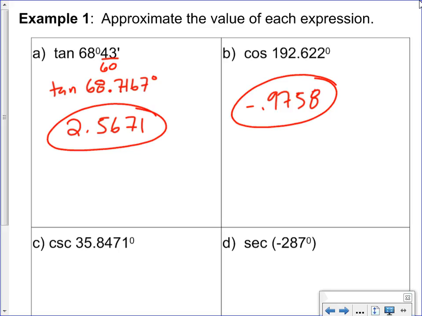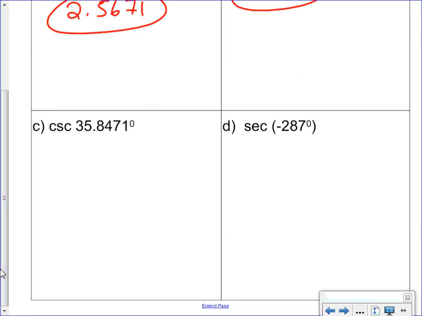But cosecant is the flip of sine, right? So to find the cosecant of this angle, it's the same thing as 1 over the sine of 35.8471 degrees.